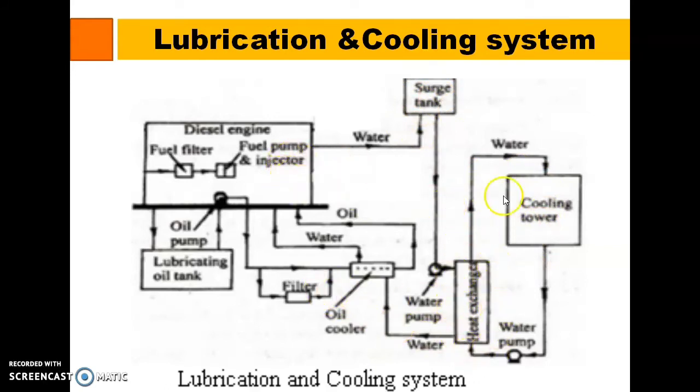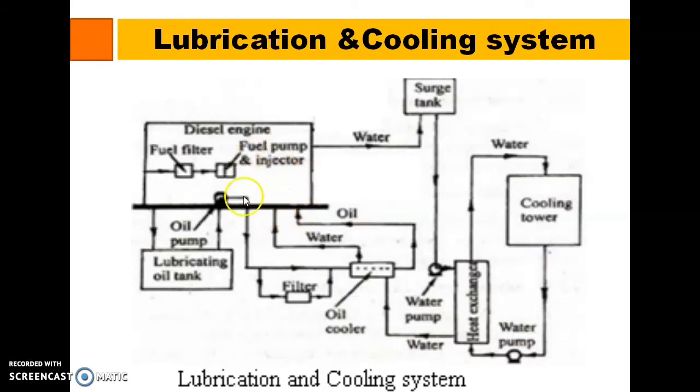The cooling tower is connected to the natural source of water. So it will take the water from the natural source, then that water is given to the heat exchanger, to this water pump, and then it is given to the engine.